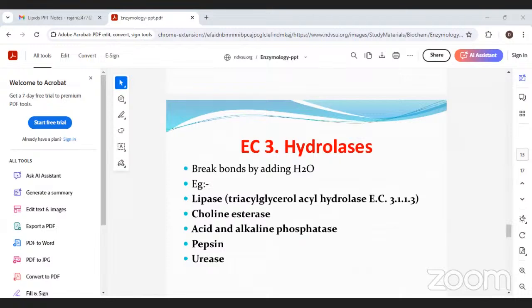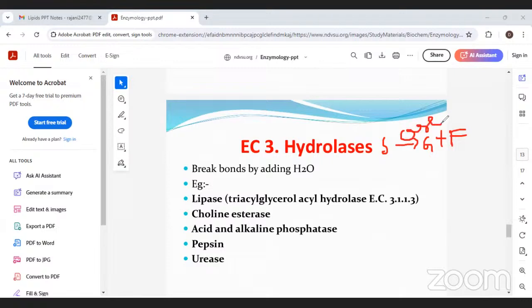Sucrose is converted into glucose plus fructose. What is the enzyme? Sucrase.